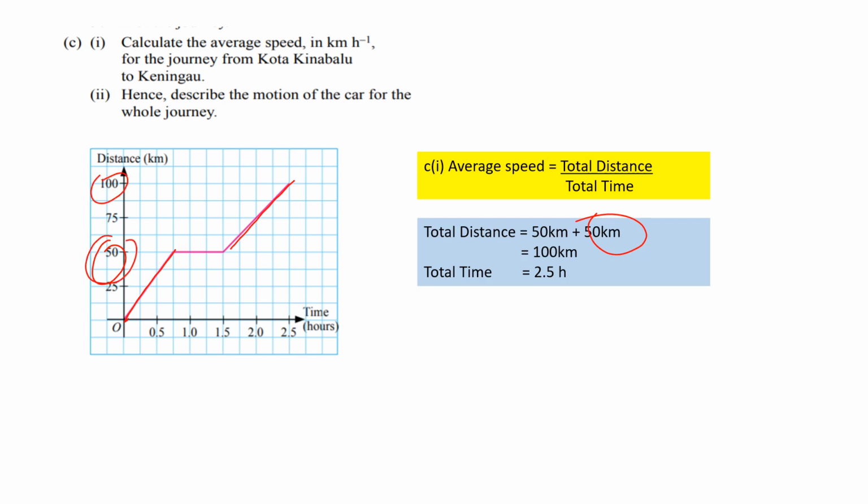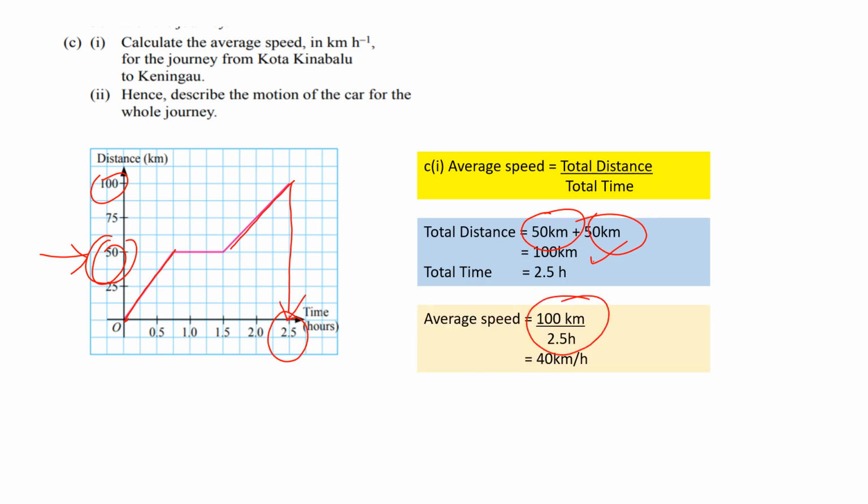This 50 is this one. Okay, so total is 100. Total time, very easy. It's just at the end of the graph here. So you just put in the formula 100 kilometer divide by 2.5 hours, so you get 40 kilometer per hour, the average speed.